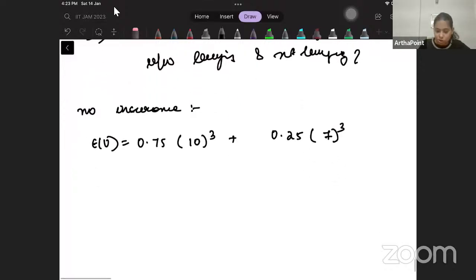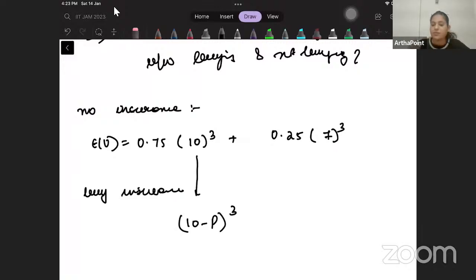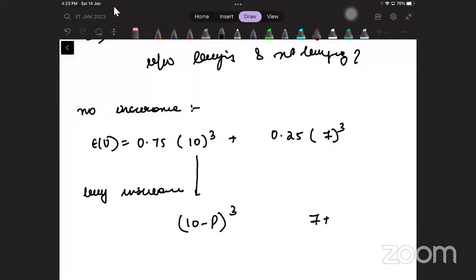And when I buy insurance, तो भाई इंश्योरेंस के केस में तो प्रीमियम हमेशा देना पड़ेगा, whether you go ahead and you buy or you don't buy. Insurance में premium has to be given. So when you buy insurance, 10 की जगह 10 minus P बचेगा. And when you buy insurance, तो 7 में जो 3 lakh का loss हुआ था, वो तो insurance company will repay it to you.